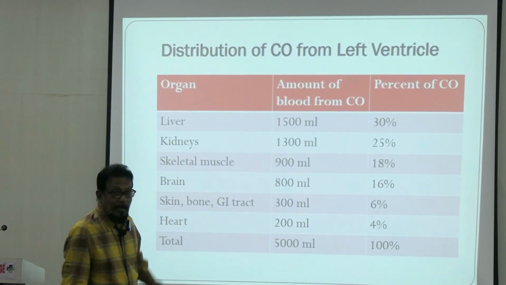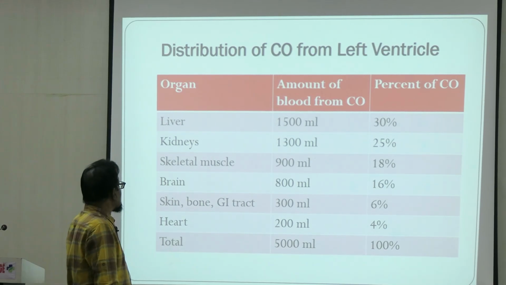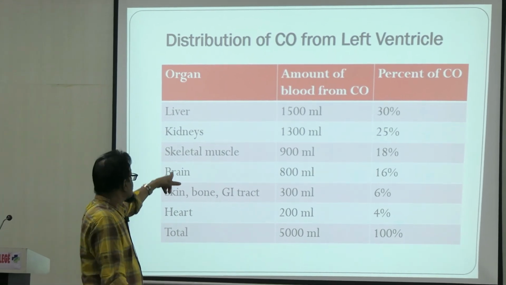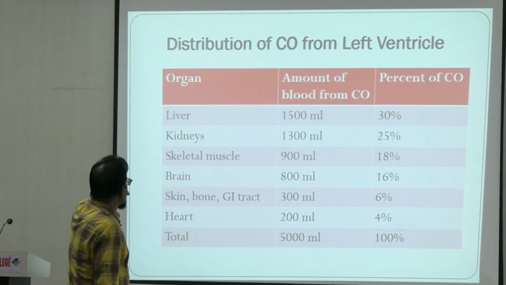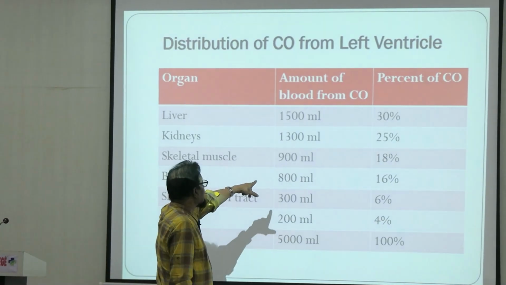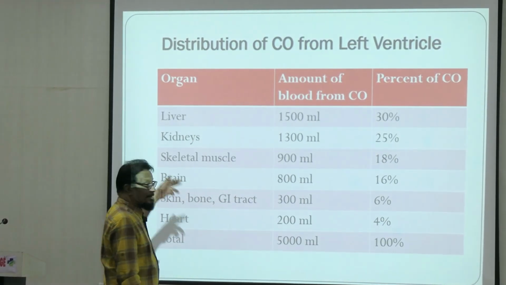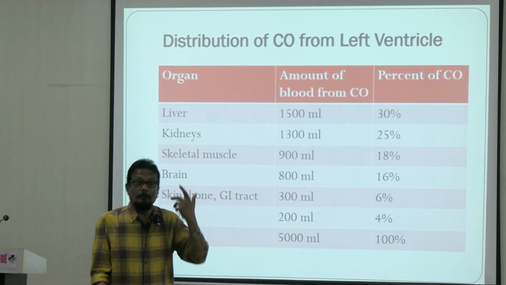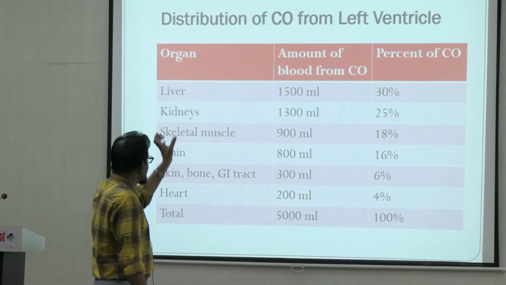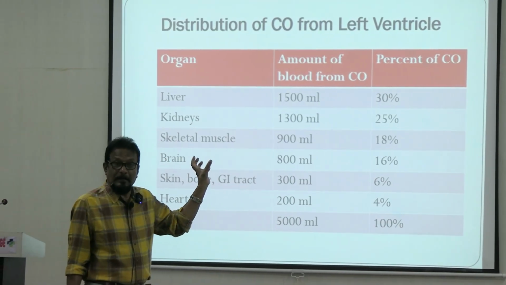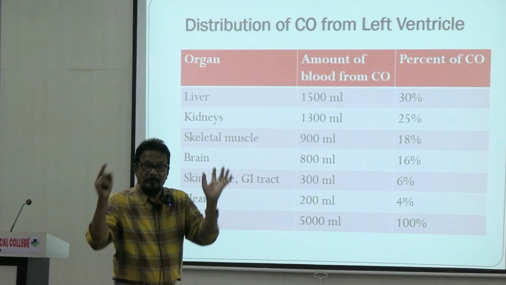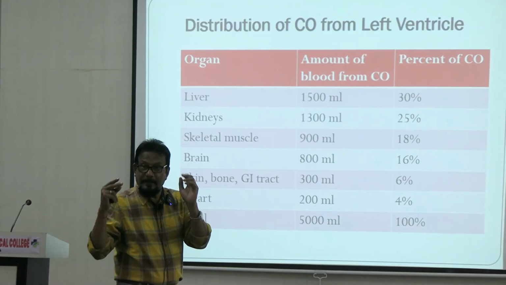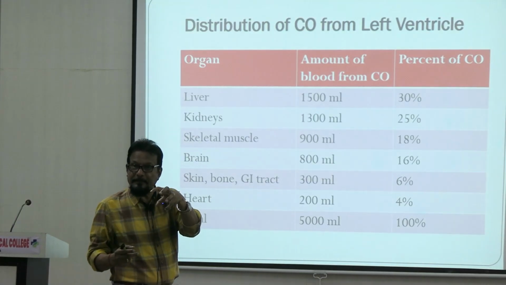And in case of kidney, how much does it get? Kidneys get 25%, that is 1300 ml. Skeletal muscle gets 900 ml, about 18%. Brain gets 800 ml. These are the portions they will be getting every minute, out of the 5 liters of blood coming out.